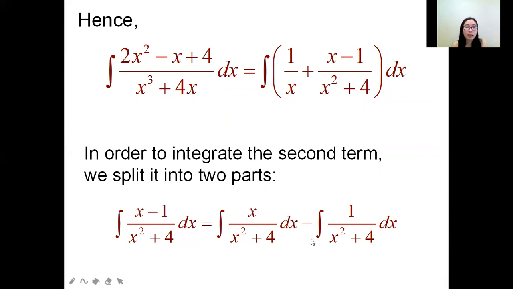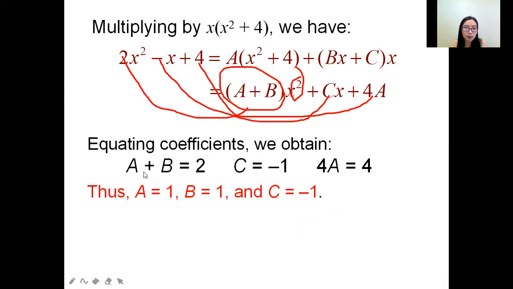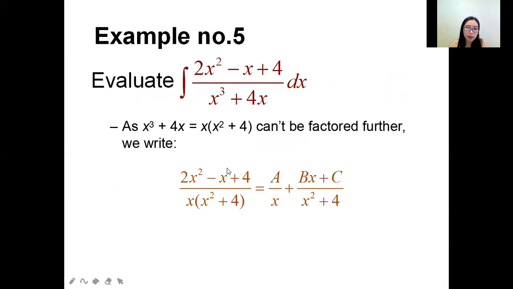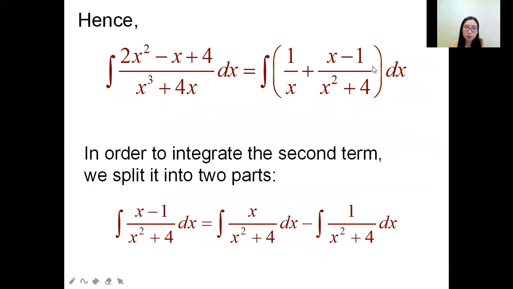So, hence, the integral of (2x squared minus x plus 4) over (x cubed plus 4x) dx is equal to the integral of 1 over x plus (x minus 1) over (x squared plus 4) dx, since the value of B is 1, so x, and the value of C is negative 1.